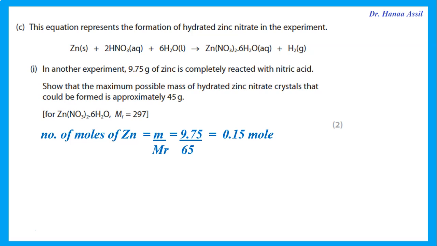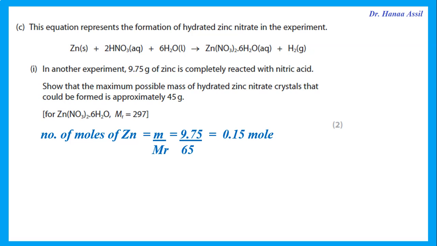Again, here we're looking for the mass number. Actually, no, it's not given. The mass number of zinc from the periodic table is 65. So, mass over molecular mass, this gives me the number of moles of zinc. Then, we look at the equation. What are we asked about? We're asked about zinc nitrate.